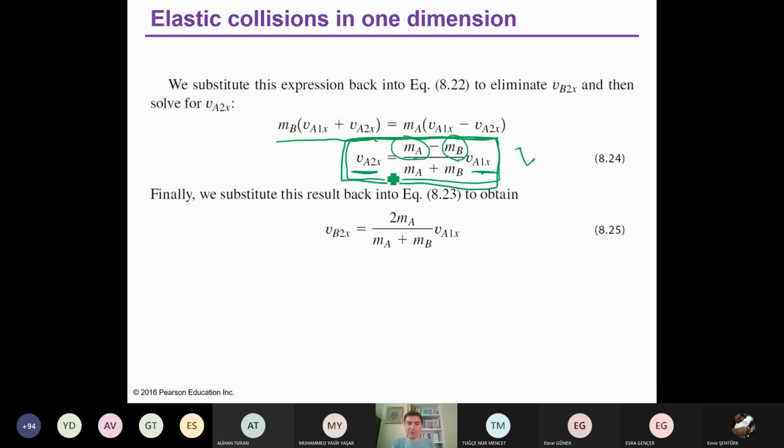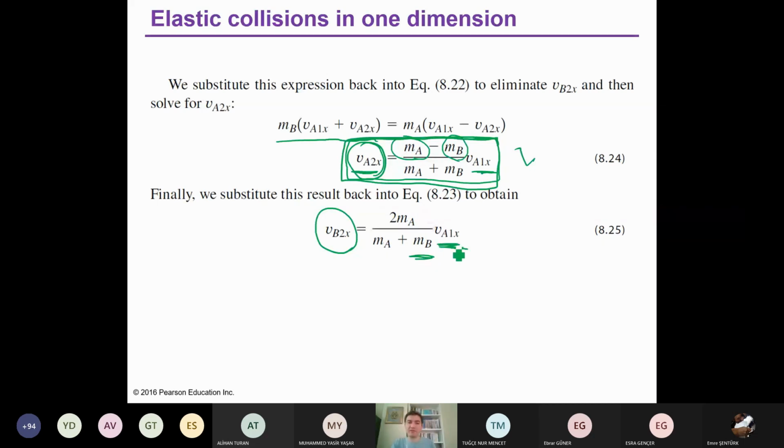What about the final velocity of the B ball? From this expression, you can also get this term, the final velocity of the B ball. It depends on the mass of the A ball, the mass of the B ball, and the initial velocity of the A ball.